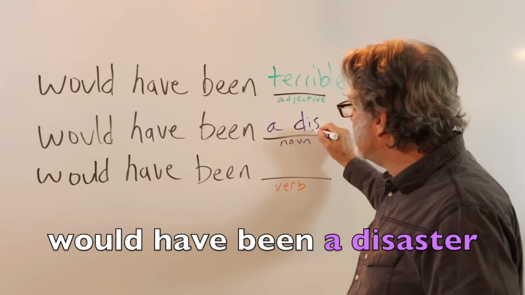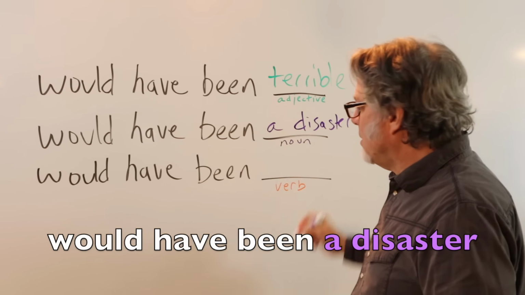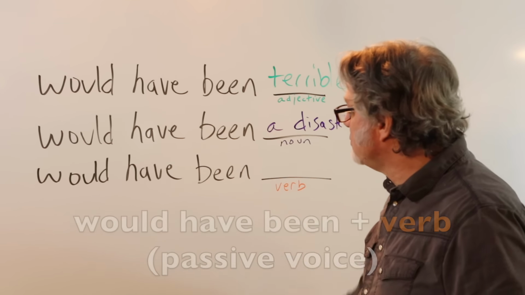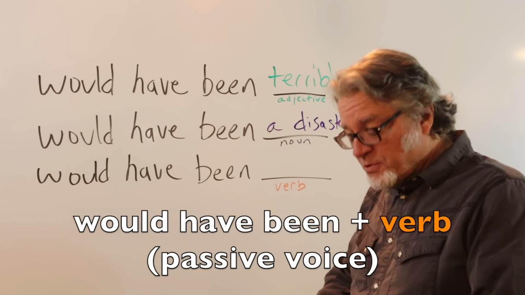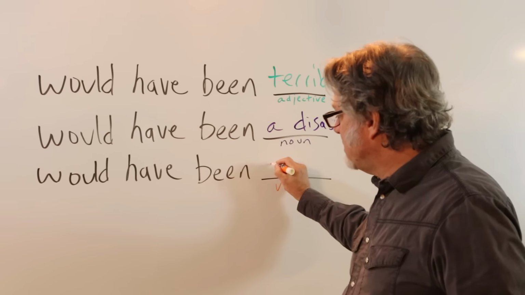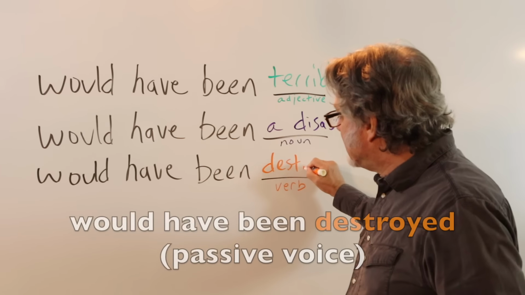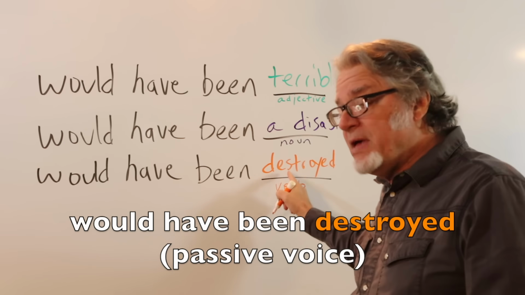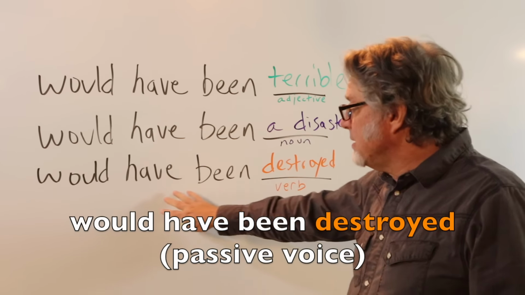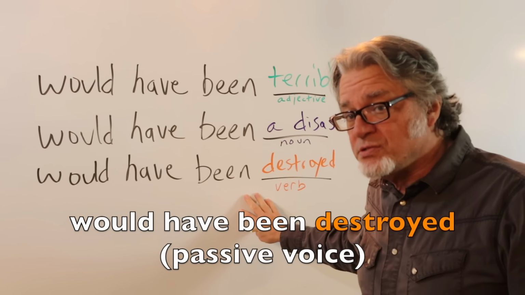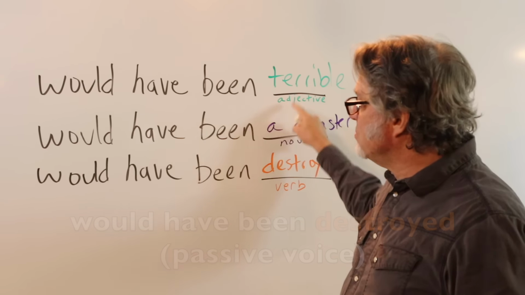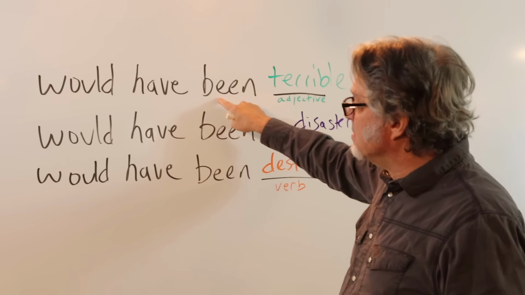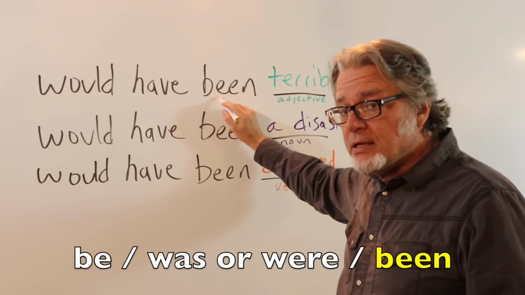A disaster. Or you can use a verb. If you choose a verb, in this case we'll use destroyed, then this becomes the main verb and it's in the passive voice.